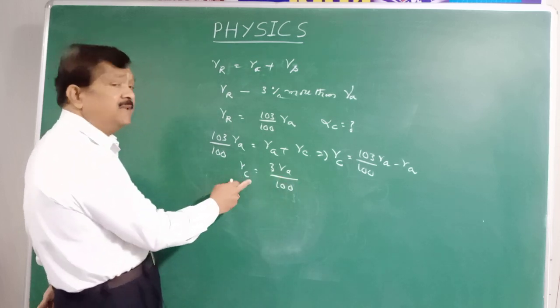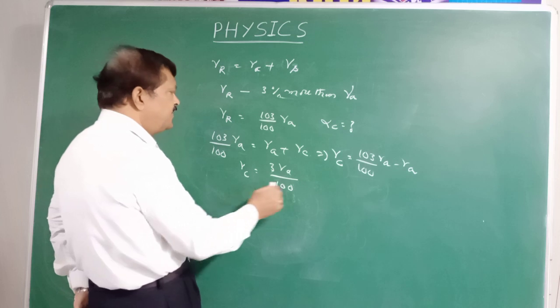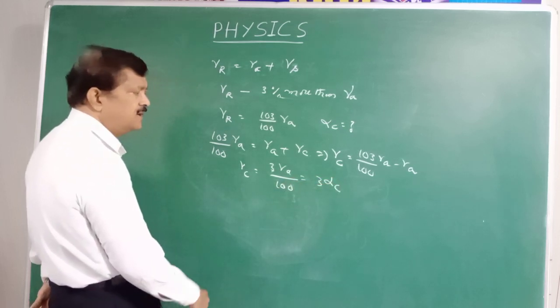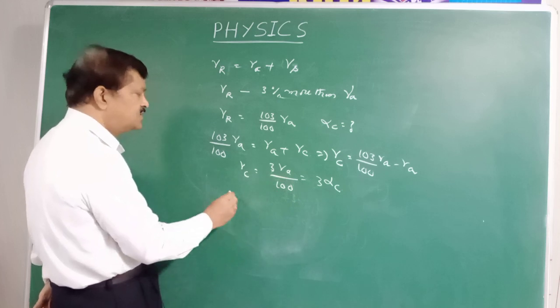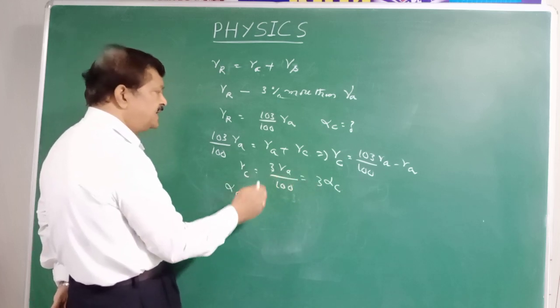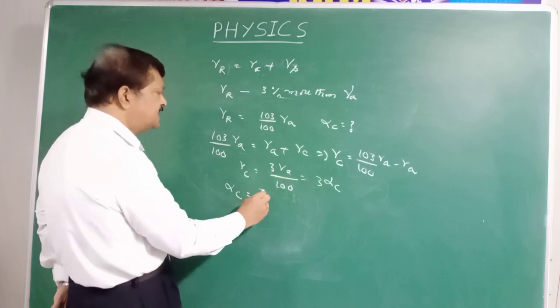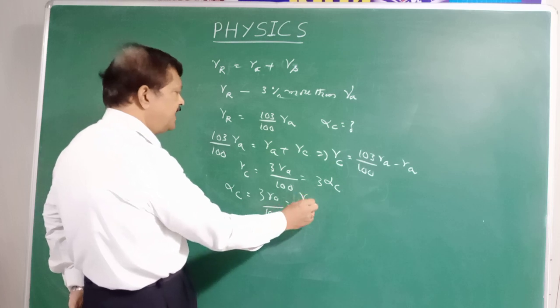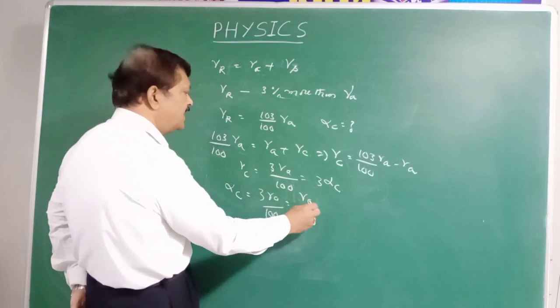So this is gamma of the container, which equals 3 into alpha of the container. So alpha of the container will be equal to, bringing the 3 here, 3 into gamma A by 100, otherwise simply gamma A by 100.